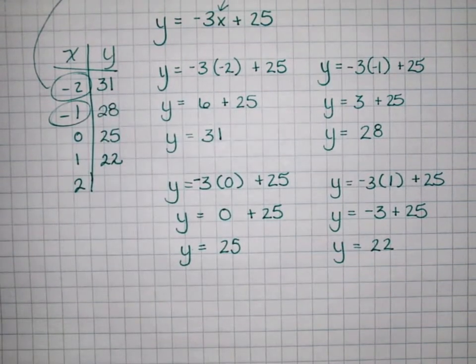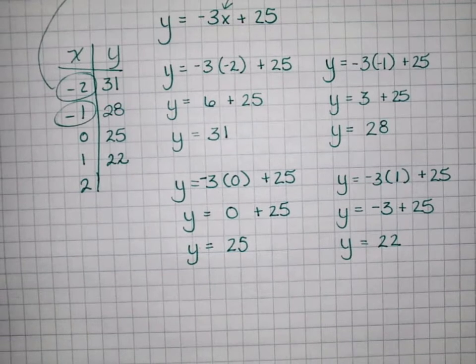Okay, and the last one you guys are going to do, because I'm going to fill this in on my other notes. You guys are doing that because we still have to graph it.